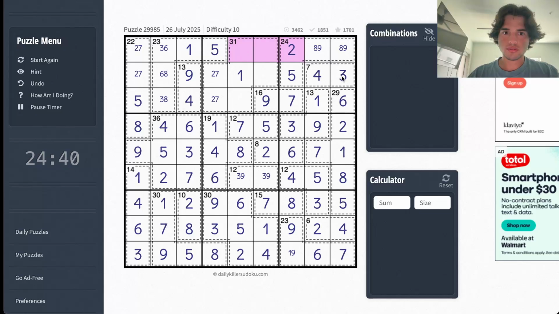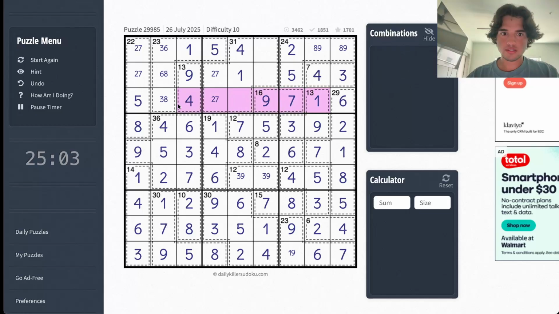Our 2s, our 3s now must go somewhere here, here, here. I don't want to pencil mark that yet, because 4s must go here or here. So 4s, oh wait, no, that has to be a 4, so that must be a 4.